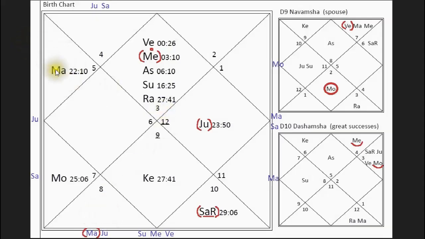Now, if you know your house classifications, you might recognize that the 3rd, the 6th, the 10th, and the 11th are all what we call upachaya houses. So in this instance, Mars is activating by occupation one upachaya, the 3rd, and by ownership and aspect, the 6th. Remember, we consider the 6th now a very sound, protected, solid, robust house because Mars aspects its own. The 6th is another upachaya.